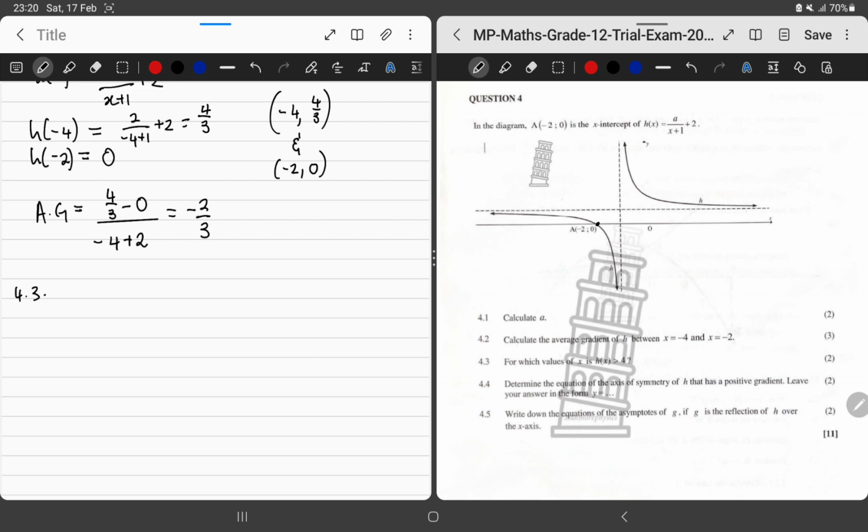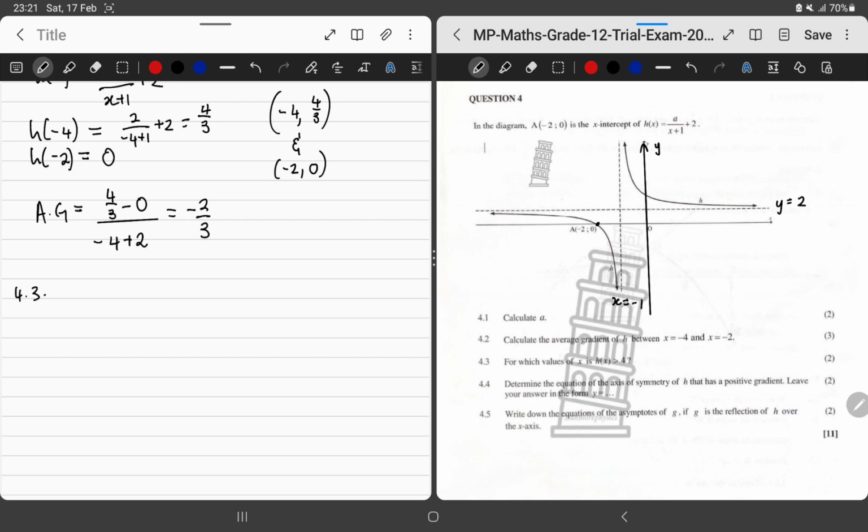4.3. For which values of x is h(x) greater than 4? Okay. Well, I can see that the equation of the asymptote must be x equals -1, and this one should be y equals 2. So my line should be there. That should be the y.